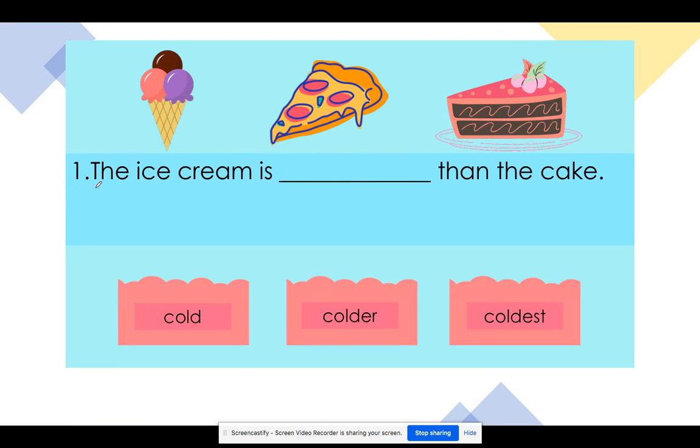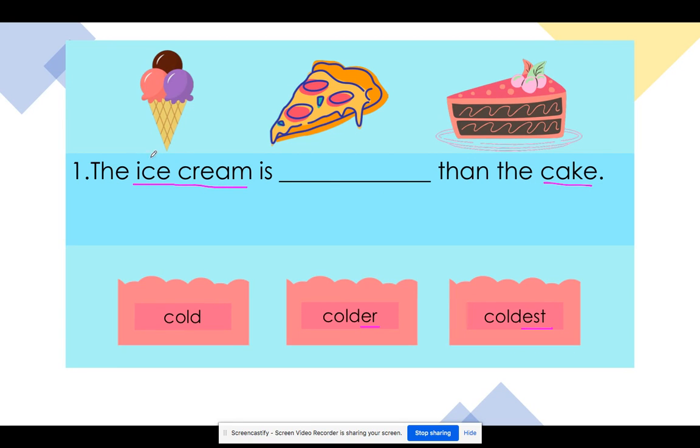Let's take a look at the next one. The ice cream is then the cake. Okay. My options are cold, colder, or coldest. So think about ice cream. And if I'm comparing ice cream to cake, I'm comparing two things, ice cream and cake.